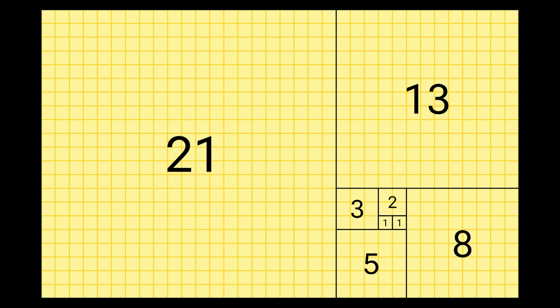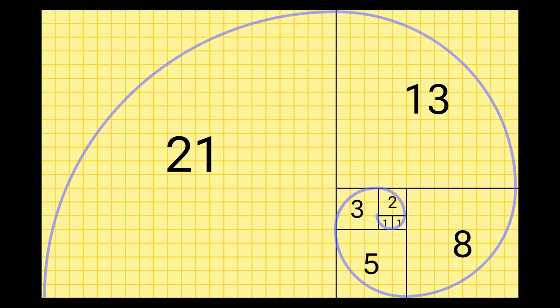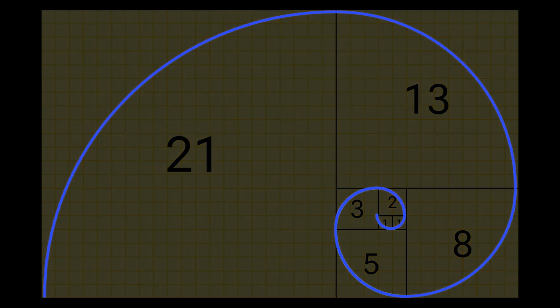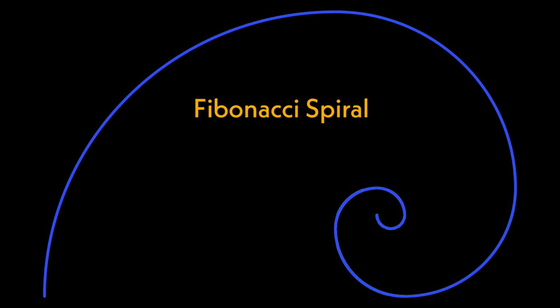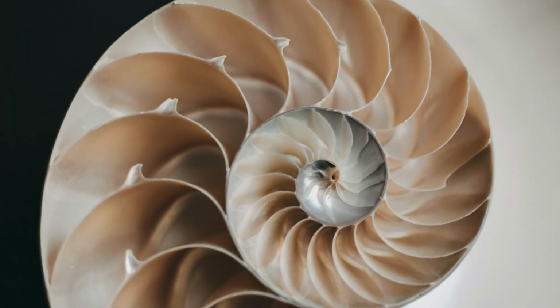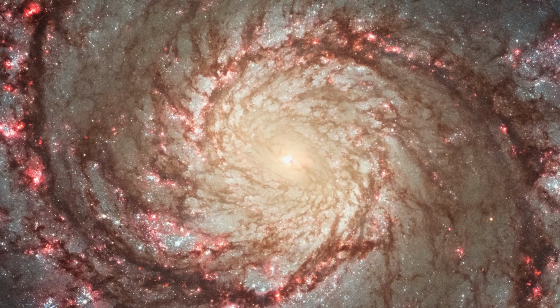And it gets crazier. If we tile squares whose side lengths are successive Fibonacci numbers, we get a grid that looks like this. If we then draw quarter circles from corner to corner in each of the squares, we get the Fibonacci spiral. And once again, this pattern shows up throughout nature, from the smallest seashells to the largest galaxies.